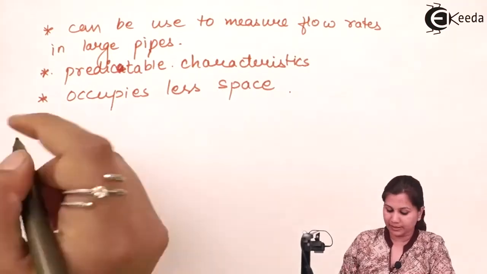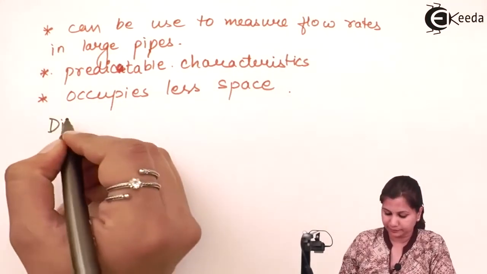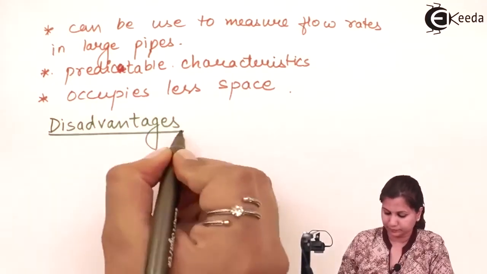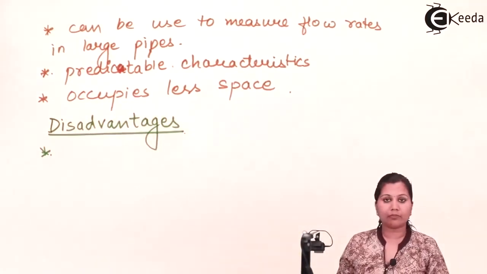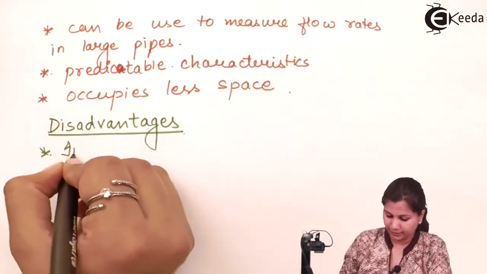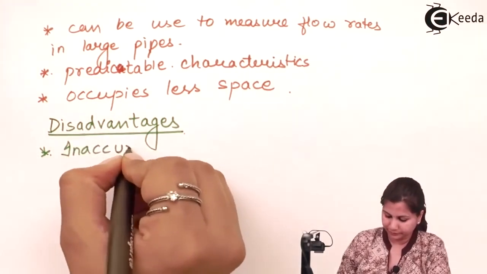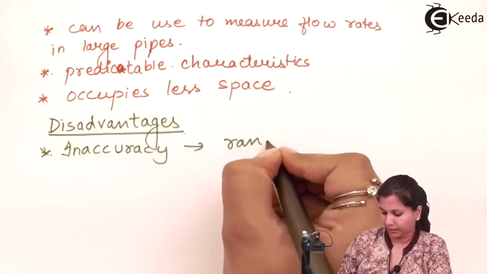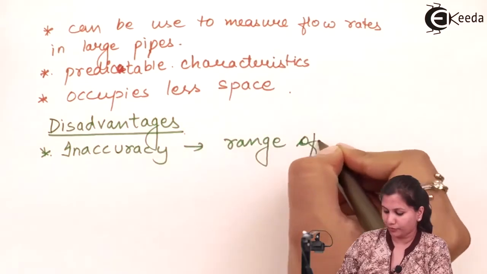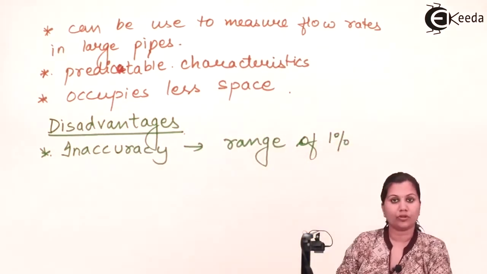Now comes its disadvantages. The disadvantage of orifice plate is that it is inaccurate, and this inaccuracy is in the range of 1%.